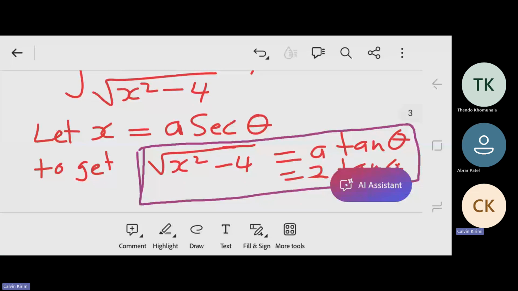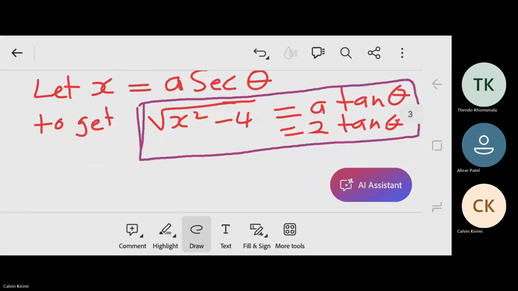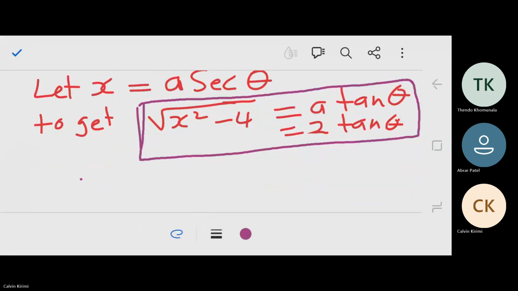But you also want to know what x is by replacing. So our x is equal to 2 secant theta. That is our x.